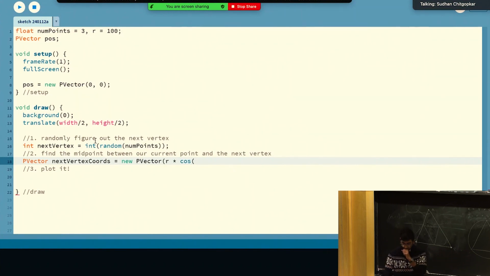Before, we were using i as the index to interpolate between 0 and num points, but here we know exactly what i is. i is the next vertex. So we can use next vertex divided by num points, which gives us a fractional value between 0 and 1, times 2 pi.